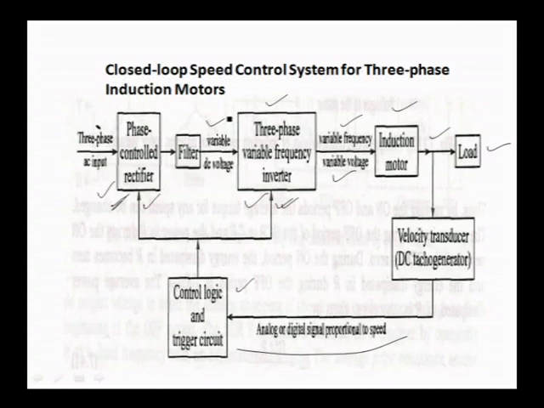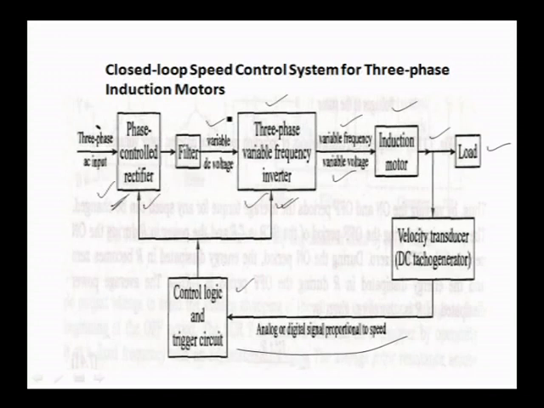The speed of an induction motor can be varied by various methods. I think you already know: by varying the stator voltage, by varying the frequency, which is the V by F method, and also the rotor voltage can be varied. I think we studied that also, but the popular method is V by F. By varying the stator voltage, the speed can be varied only to a little extent, so that is not an efficient or popular method.